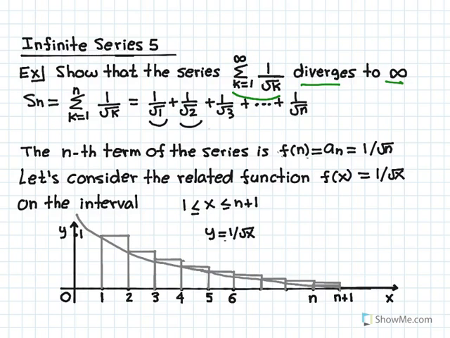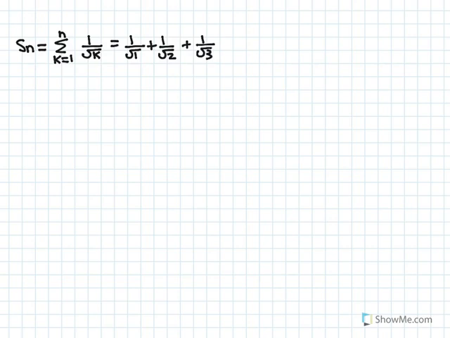So that's how we're going to go about proving that this series diverges, by comparing the nth partial sum to a definite integral, and evaluating the integral. All right, let's do that. So we have Sn is equal to the sum k equals 1 to n, 1 divided by root k. This is equal to 1 over root 1 plus 1 over root 2 plus 1 over root 3 plus ... 1 over root n.